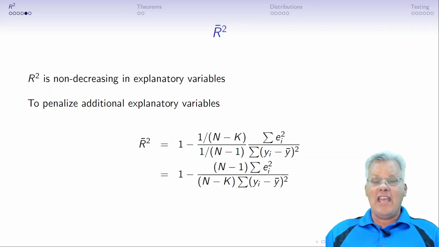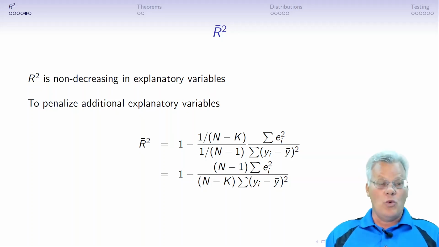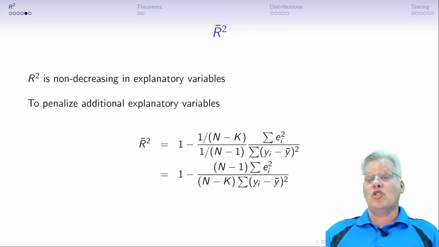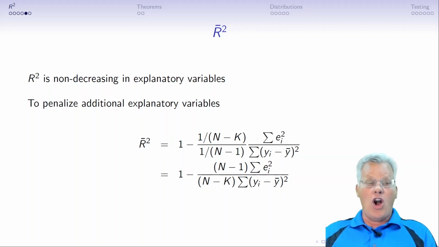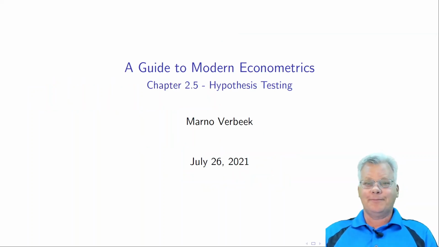A simple deviation of y from y bar, since I'm only estimating one parameter, y bar, has n minus 1 statistical degrees of freedom. So if I adjust both numerator and denominator for their degrees of freedom, I get the formula for r bar squared. And r bar squared, if you add an explanatory variable that has little to no merit, can go down. Okay.